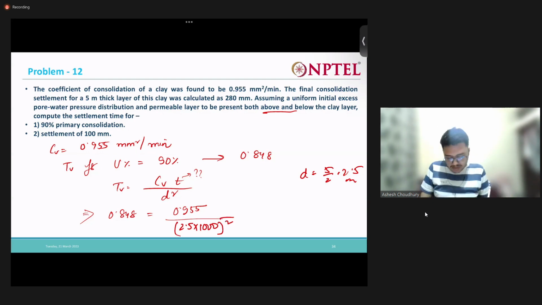Because Cv is given in millimeter square per minute, and I will actually get t in minutes. So what is my t? It is 0.848 into (2.5 into 1000) square divided by 0.955.